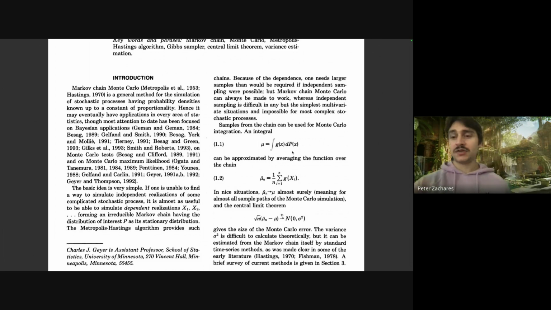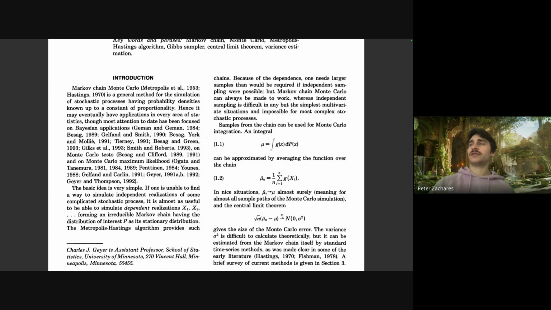So, talking about the central limit theorem and sample statistics. Over here is the classic equation for calculating, actually this should just be x if you wanted to calculate the mean.